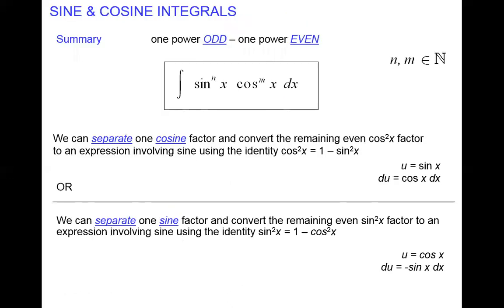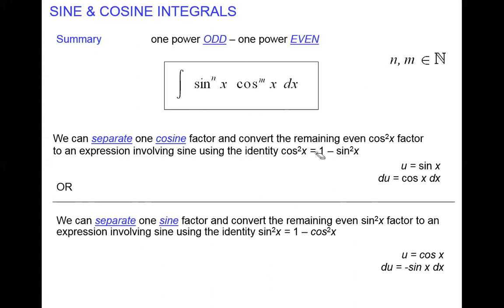Okay, that's me. Now we do have another kind, still a product of sine of x and cosine of x taken to the power of n and m respectively. But now we do have a different situation. One power is odd, one power is even. It doesn't really matter which one, but that's how it works.